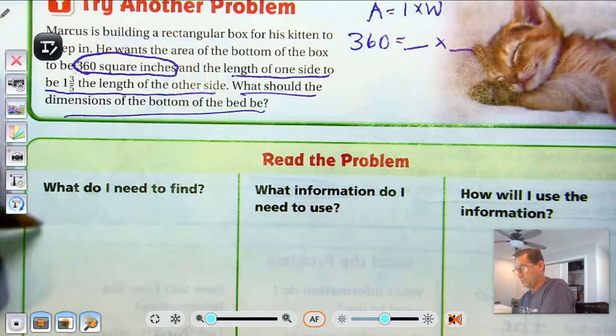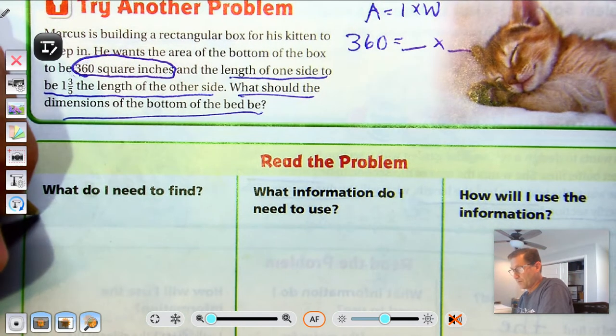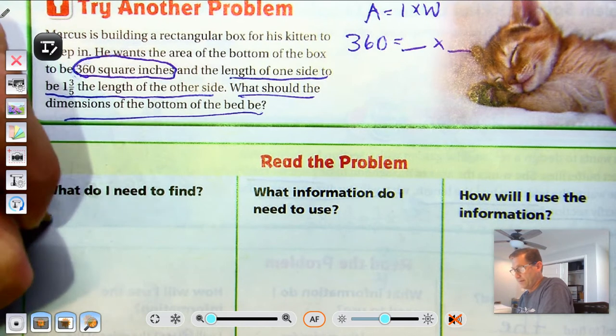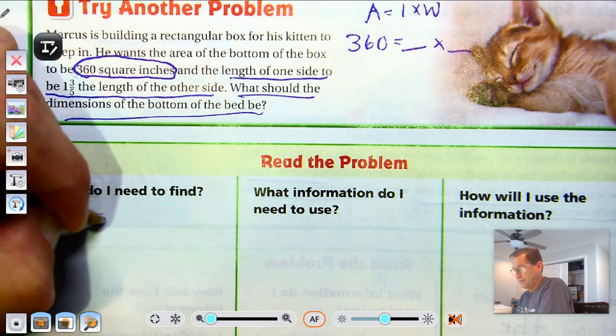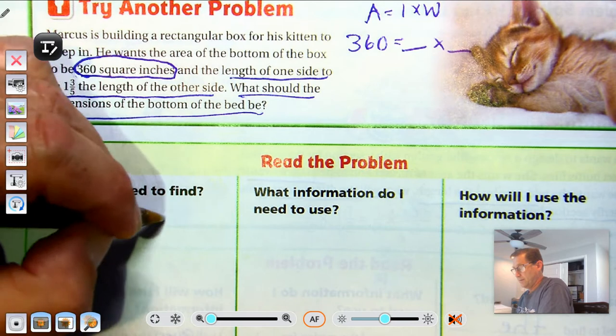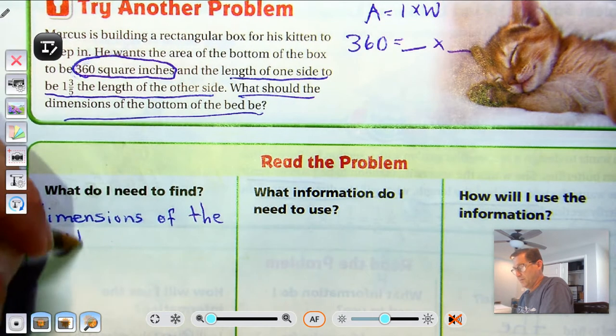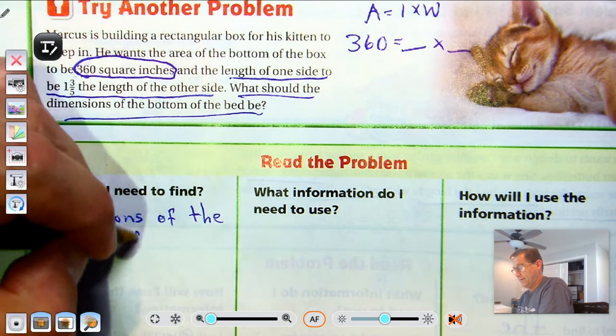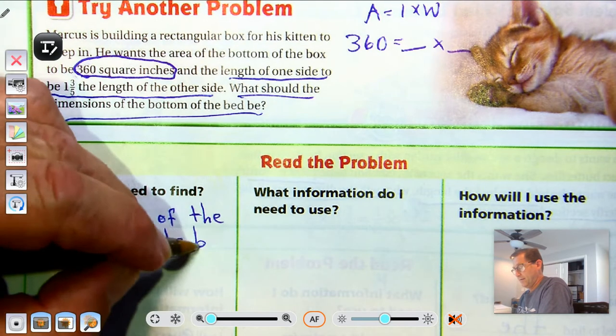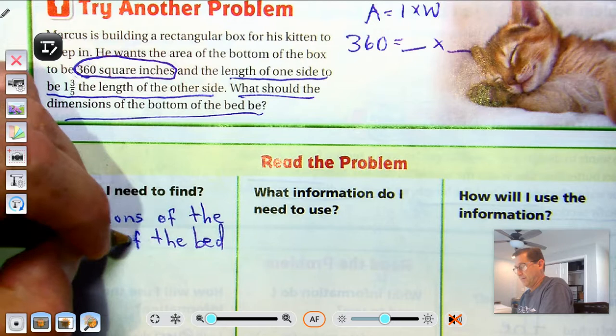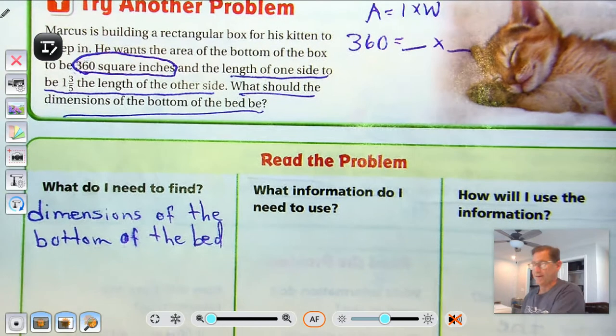All right, so I find the dimensions of the bottom of the bed. What information do I need?